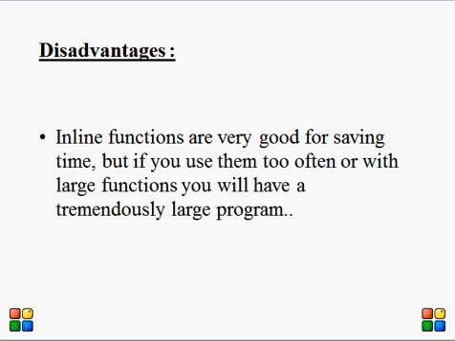Because if a function has 5 or 6 lines and we declare that function as an inline function, then whenever the function is called, the compiler pastes those 5 lines of code. If we call a particular function hundreds of times in our program, we are pasting 500 lines of code. That means we are increasing the program length.